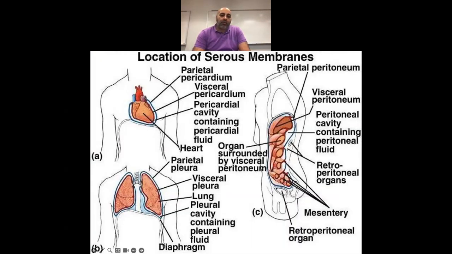So we'll see when we look at the heart, for example, there is visceral pericardium and then parietal pericardium. When we look at the lungs, pleura, sorry, that's for lungs. Parietal is that outer, and then visceral pleura is attached to the lungs directly.